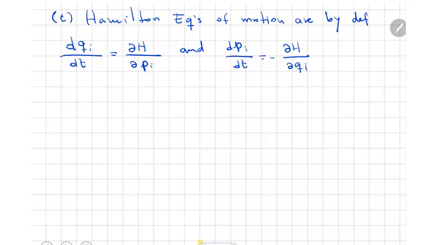Here q_i and p_i represent the generalized coordinate and momenta respectively.